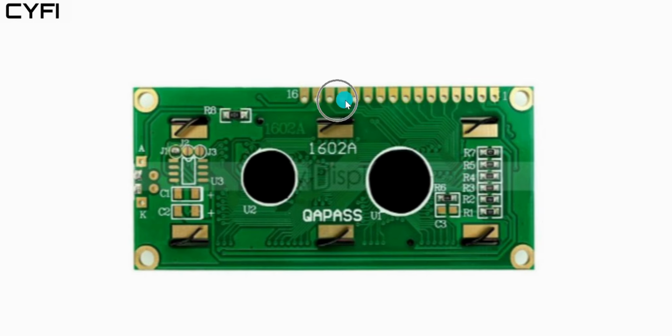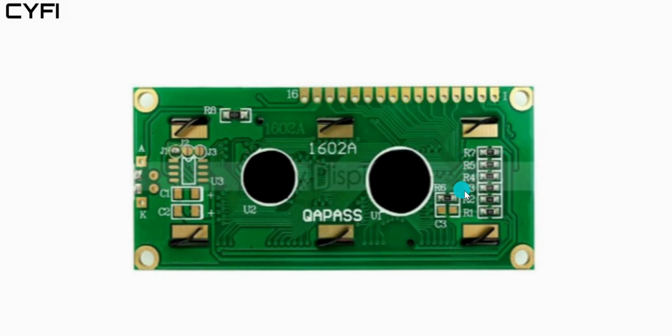We have VCC, GND, RS, E, D0 to D7, and A and K pins. What do they do? VCC is the power pin, used to power the circuit, and GND, the ground pin, manages the negative current all over the circuit. RS and E are controller pins that control the data and send it directly to the brain of the display module.